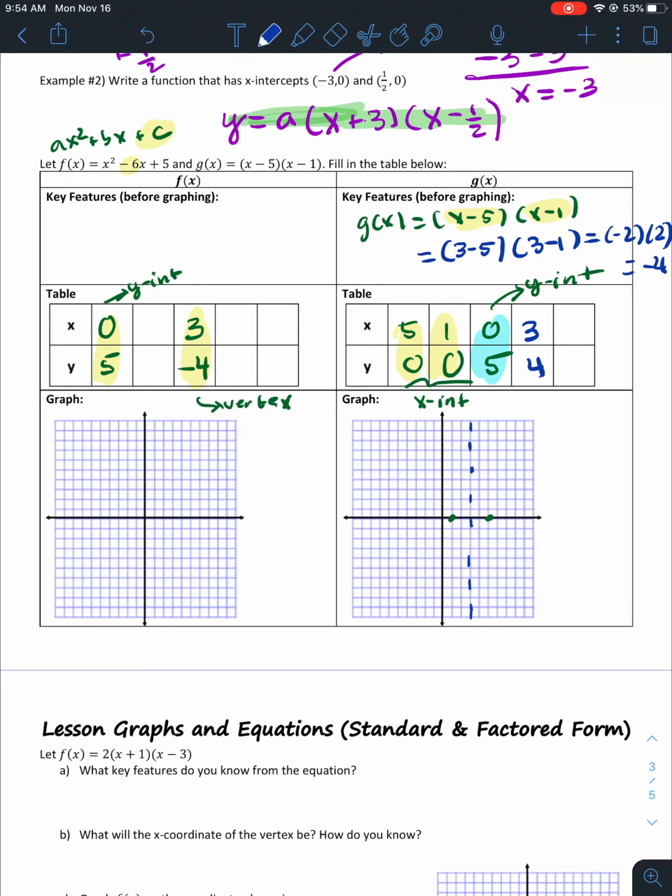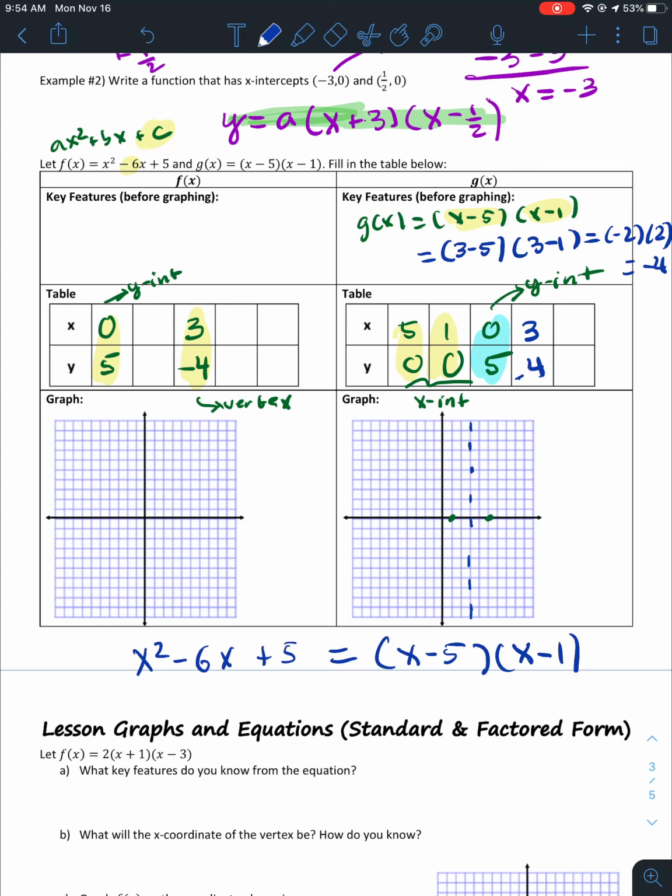At this point, I hope you notice that both of these are actually equivalent: x squared minus 6x plus 5 is equal to (x minus 5)(x minus 1). Both of them are the same graph, but they give you different information and different ways to find it. And then, it's not (3, 4), sorry, it's (3, negative 4).